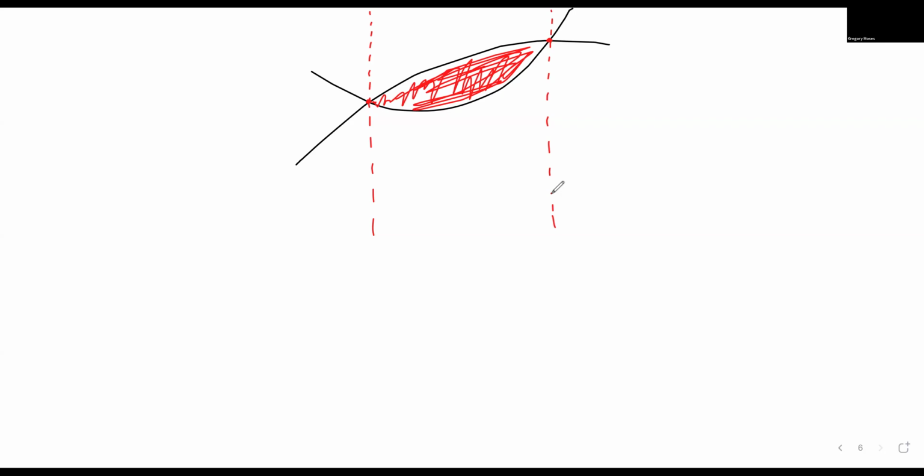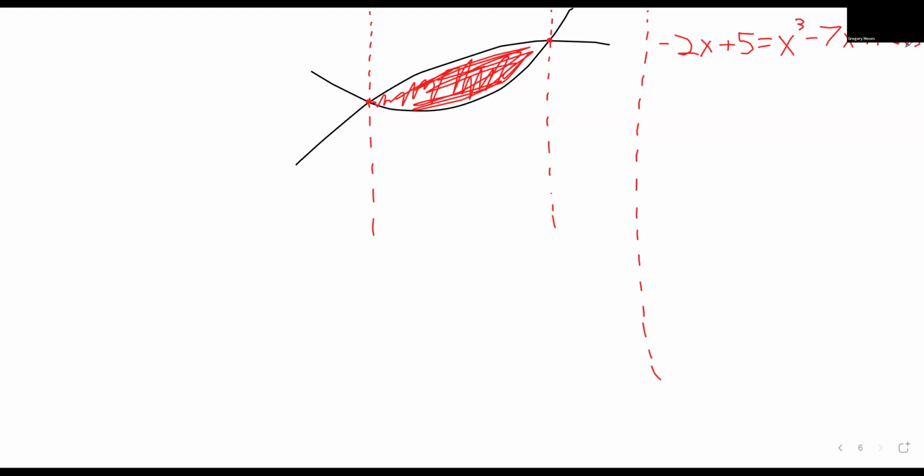Algebraically, points of intersection are where curves are equal to each other, so we set the curves equal to each other, but actually solving this is not at all simple.